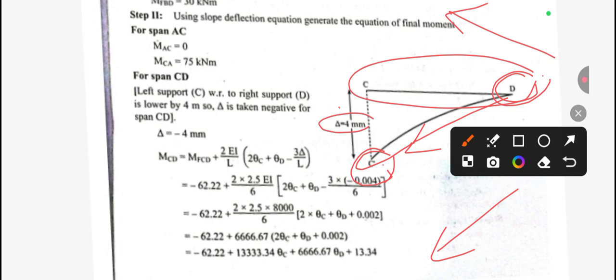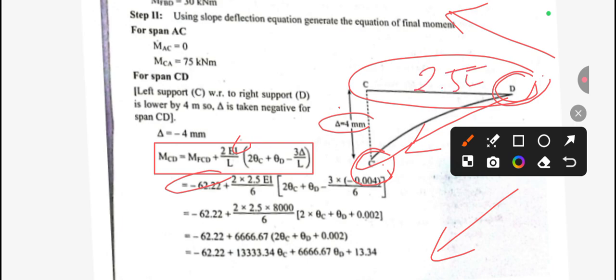Now as we know, the slope deflection equation is this one. This is only one equation, so you need to remember this, and you can apply it to all the spans, only this formula will be applied over here. So the value of MCD we have already calculated, minus 60, and 2 EI. In the place of EI for the CD span we have 2.5 EI in the equation.